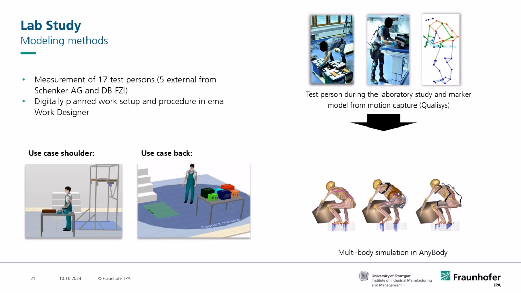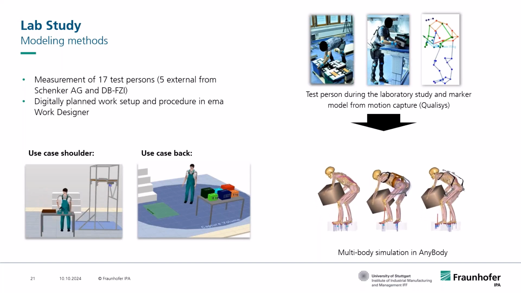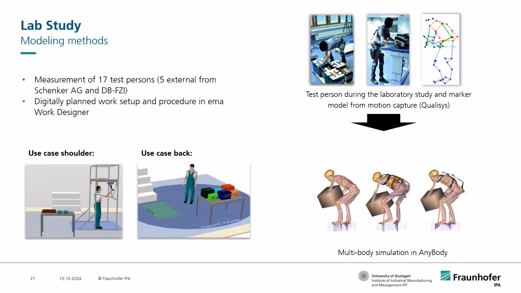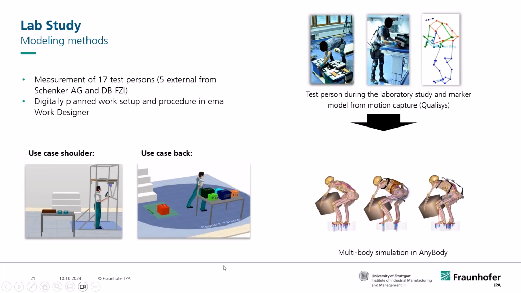That means we designed in advance with the EMA Work Designer two use cases, a shoulder use case and a back use case. We could, in detail and with relevant stakeholders, design the workplaces specifically adapted to anthropometrics and to realistic motion sequences which really occur in reality.